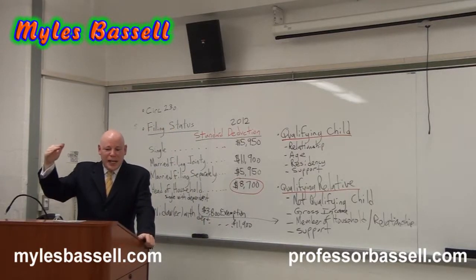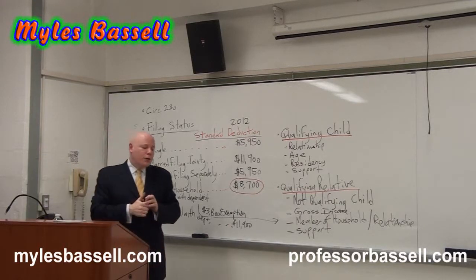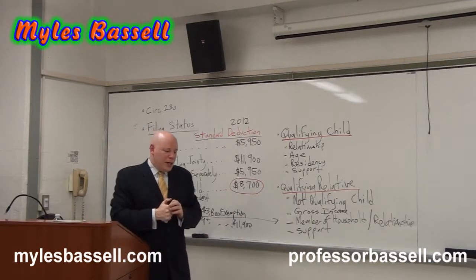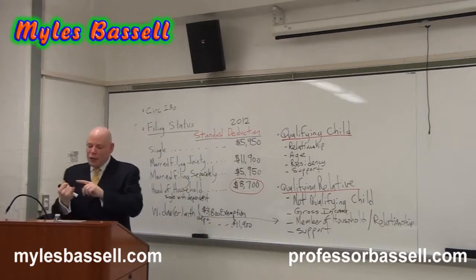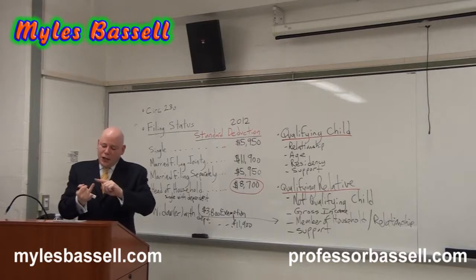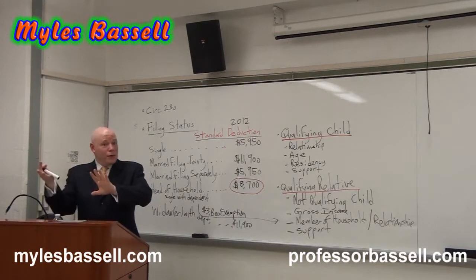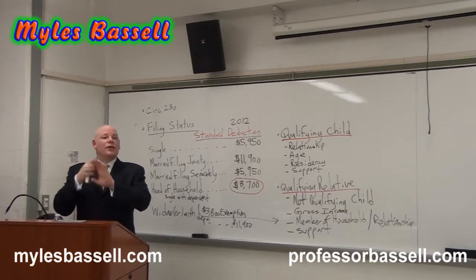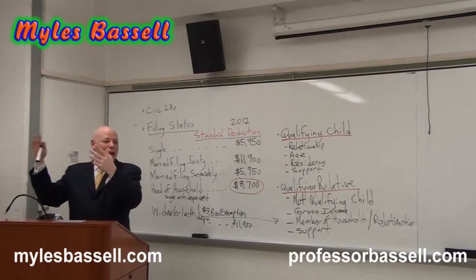The criteria says that in order for them to be eligible to be a dependent, they need to either be a U.S. citizen, a U.S. national, or a U.S. resident alien, which means they have a green card. Or they're a resident of Canada or Mexico.